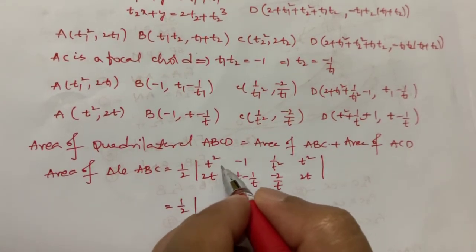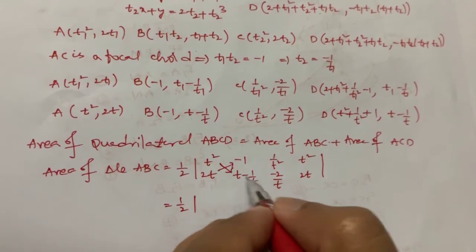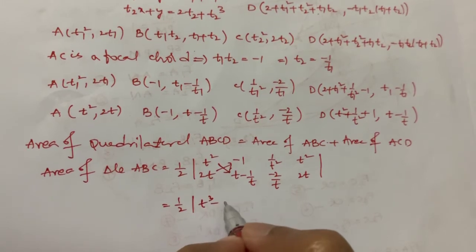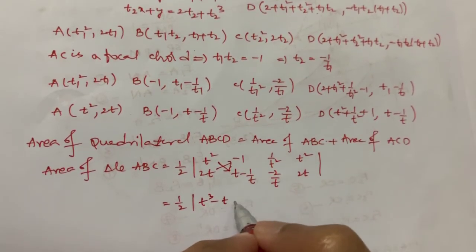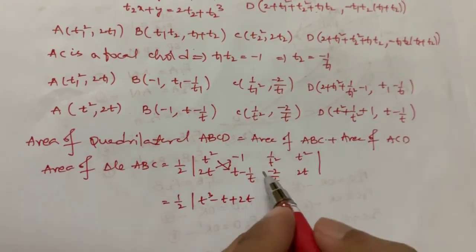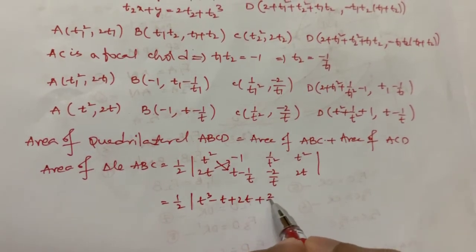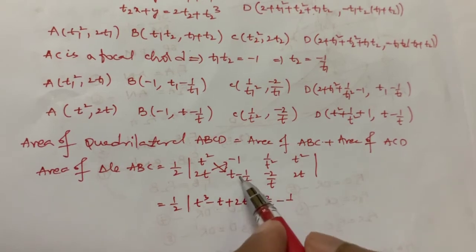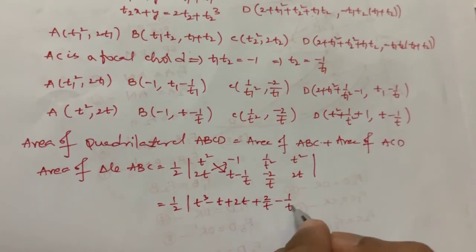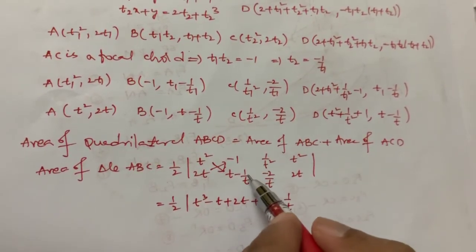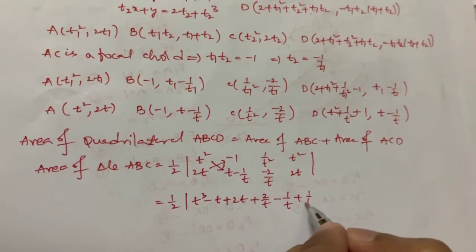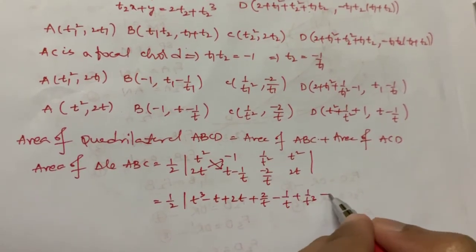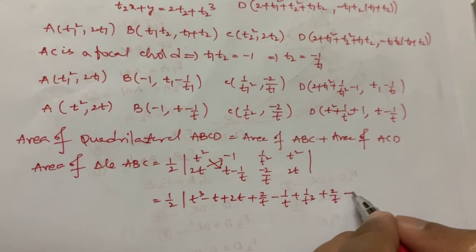If I cross multiply this, t cube minus t, plus 2t, again plus 2 by t, minus 1 by t, plus 1 by t cube, plus 2 by t plus 2t.